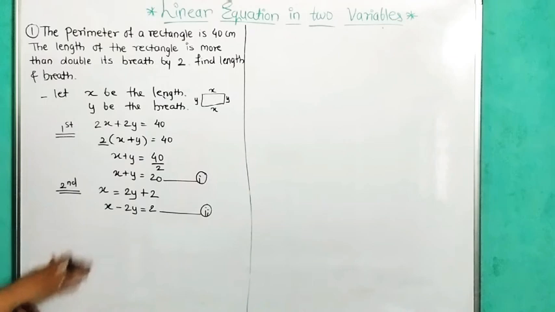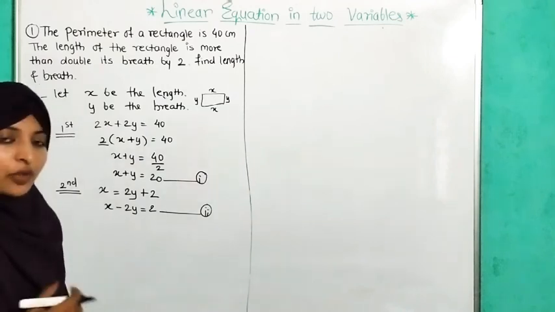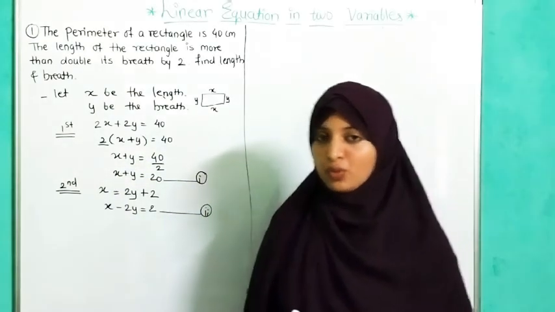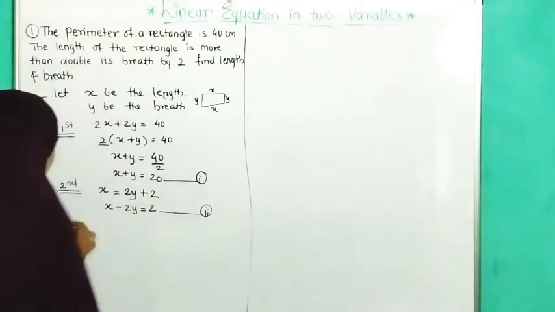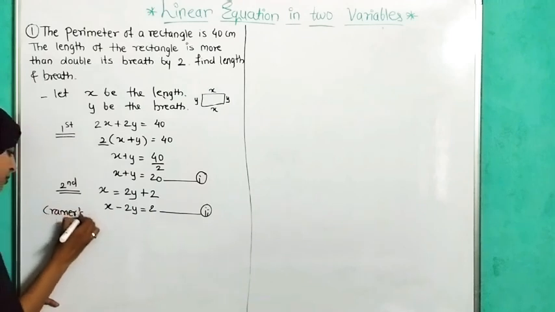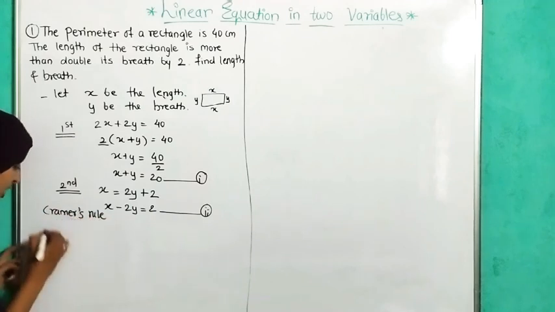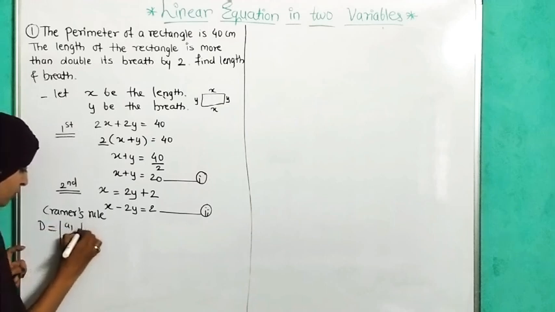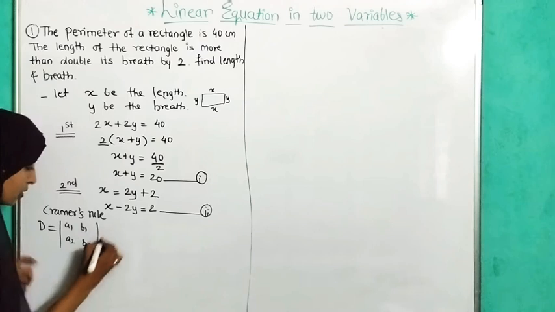Now we are going to find the values of x and y by using Cramer's rule. According to Cramer's rule, D is equal to the determinant of A1, A2, B1, B2.